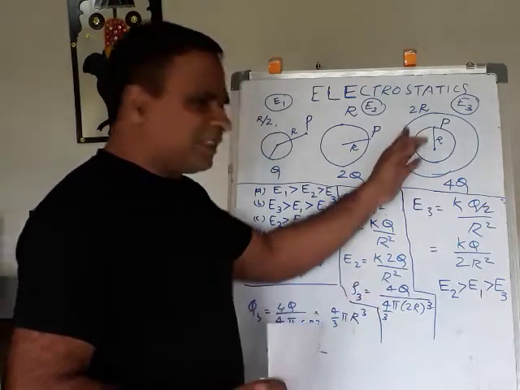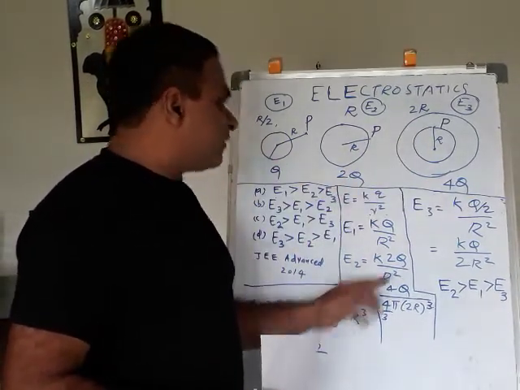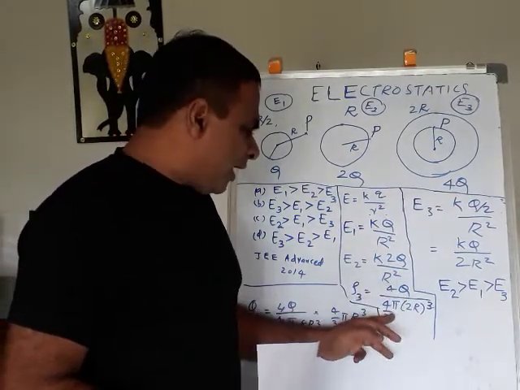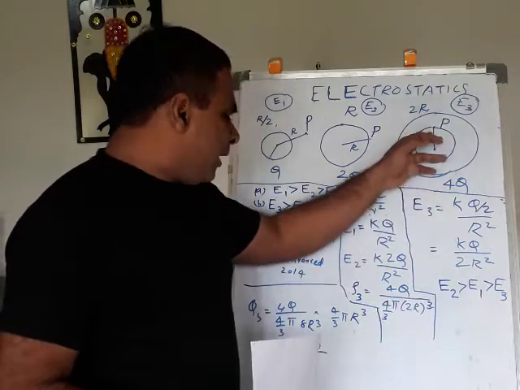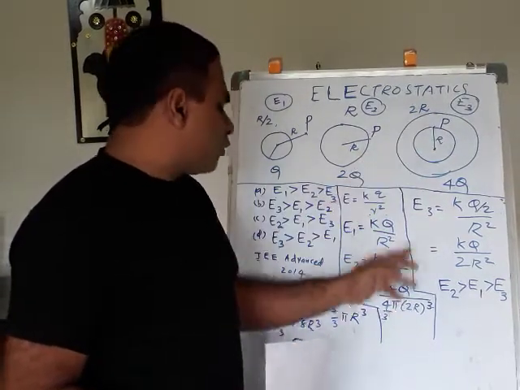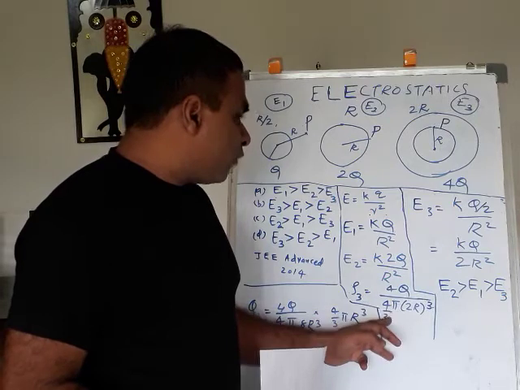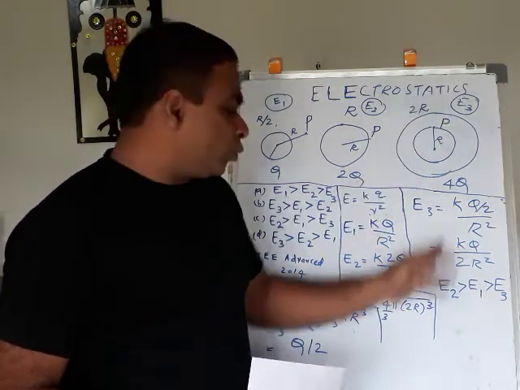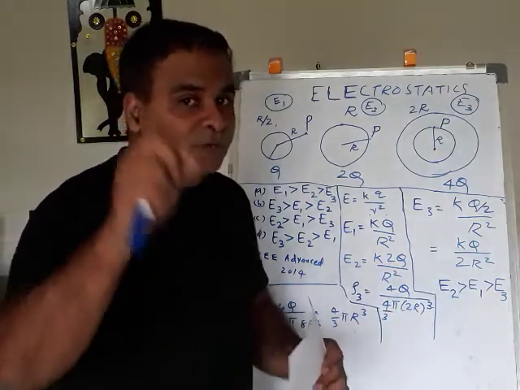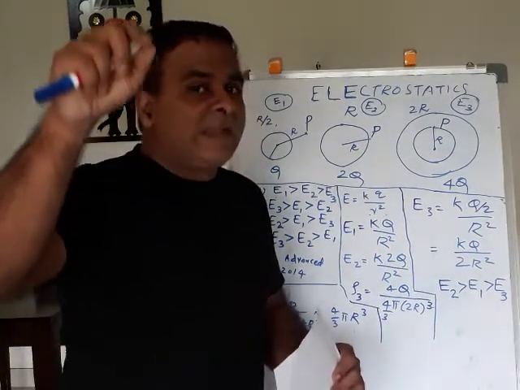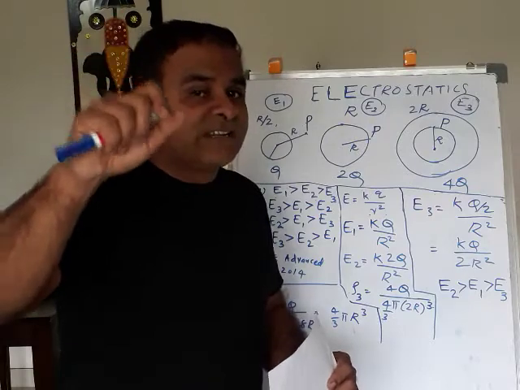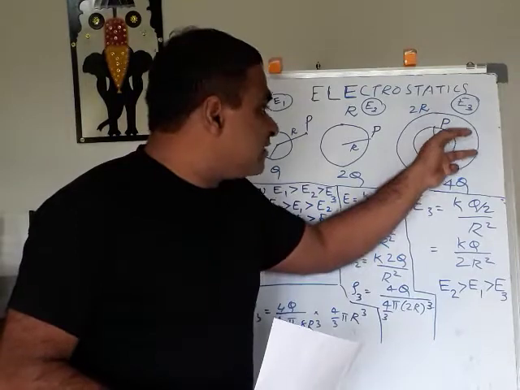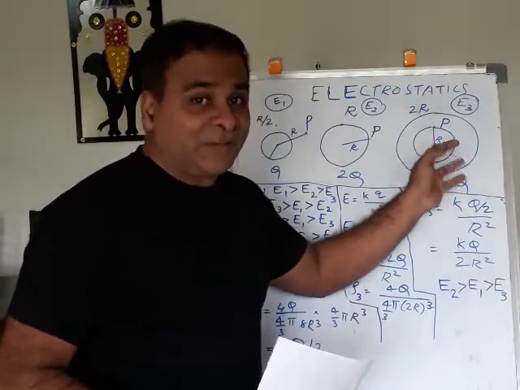So rho 3 for the third sphere is equal to 4Q by the volume. What is the volume of this sphere? It is 4 by 3 pi, 2R the whole cube. You have to understand, we are calculating the volume charge density of this dielectric, not the inside sphere. That is very important.